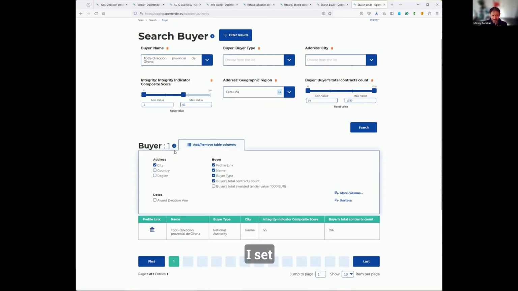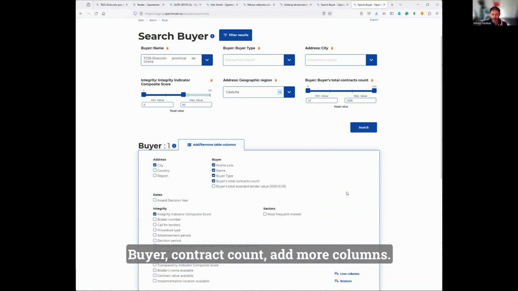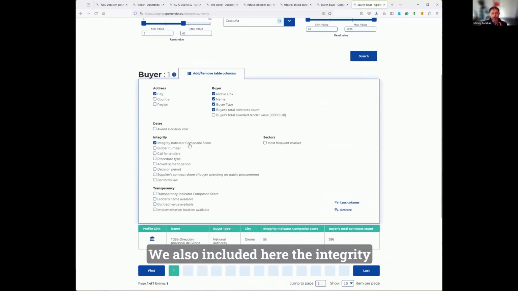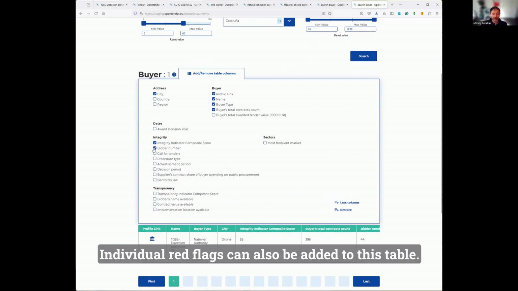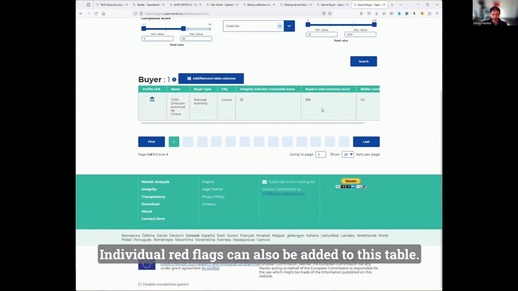I set the name and the buyer type, buyer contract count, add more columns. We also included here the integrity indicator composite score. So that's where all the different red flags are brought together. Individual red flags can also be added to this table.